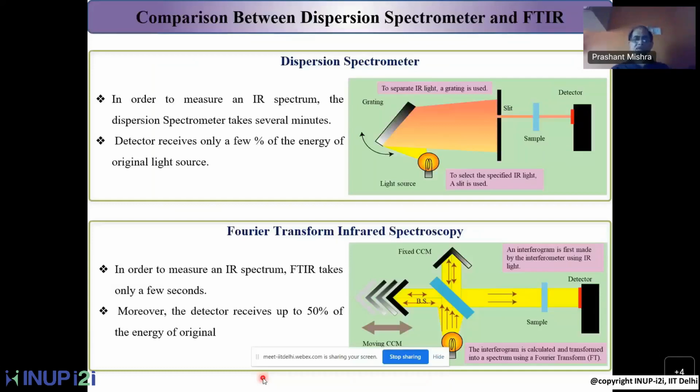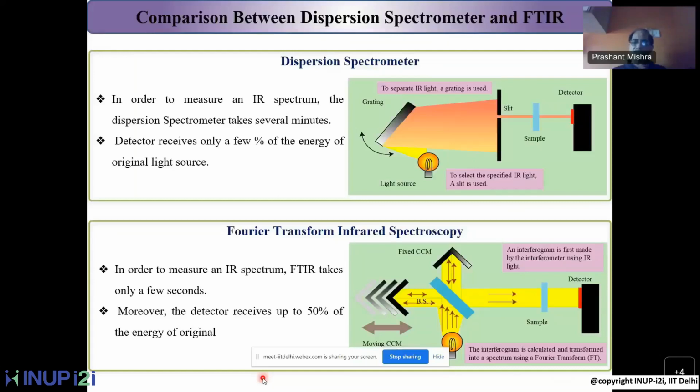On the other hand, Fourier transform infrared spectroscopy uses a different method, which I will describe a little later. It is based on an interferometer, which uses IR light, and then it passes through the sample.